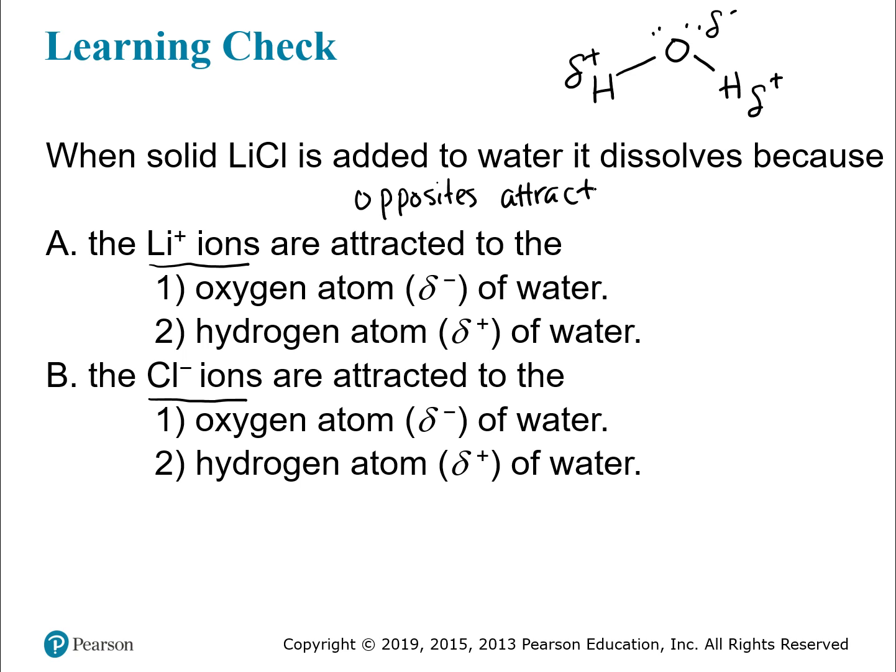So if we have a positively charged ion, it's going to be attracted to the oxygen atom of the water, which has a partial negative. And for the chloride ions, they're negatively charged. So they will be attracted to the partial positive, which is the hydrogen of the water.